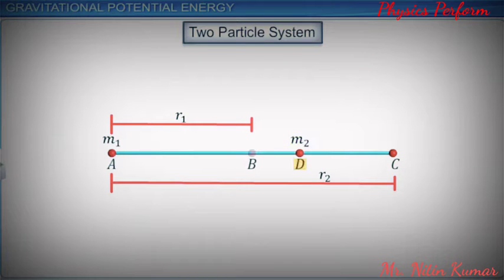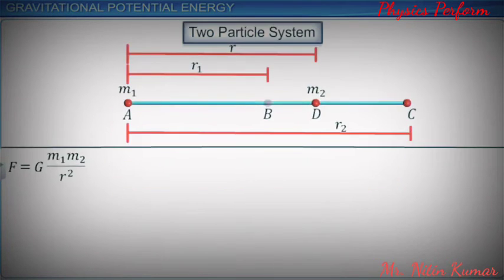The gravitational force of attraction between particles of masses m1 and m2, separated by distance r, which acts along dA, is G m1 m2 divided by r squared. Let this be equation 1.